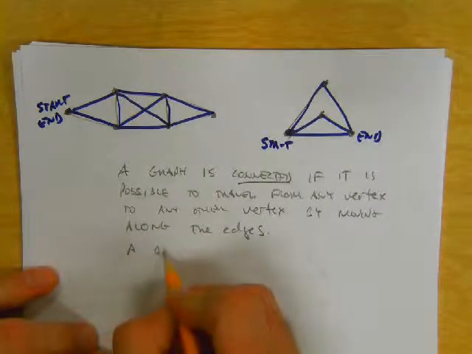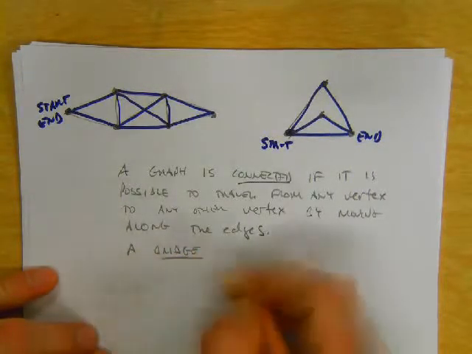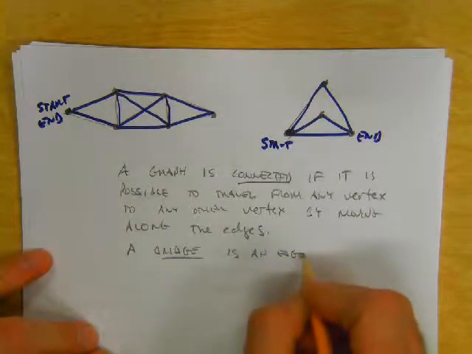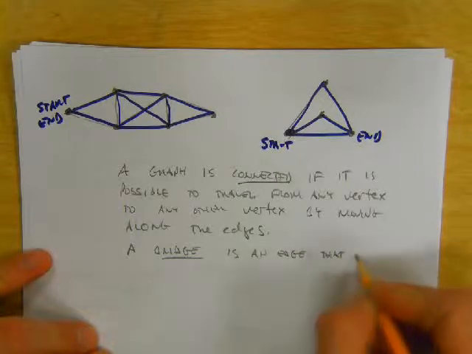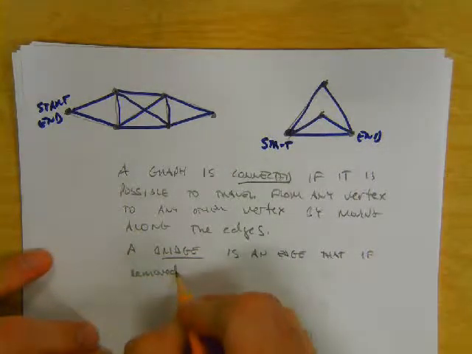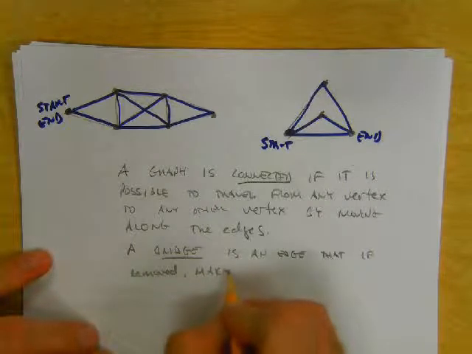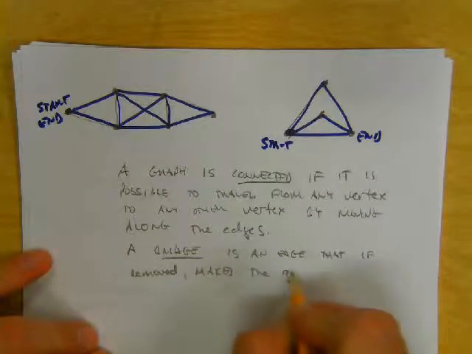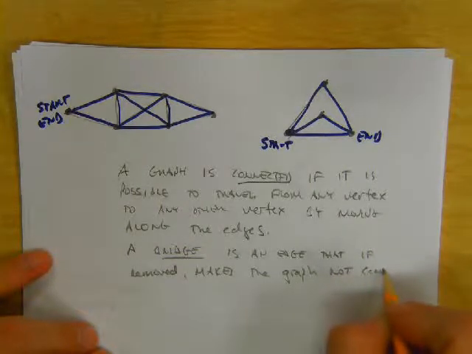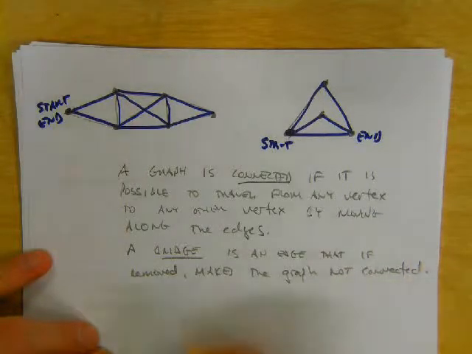A bridge is an edge that, if removed, makes the graph not connected. So here's an example of this.